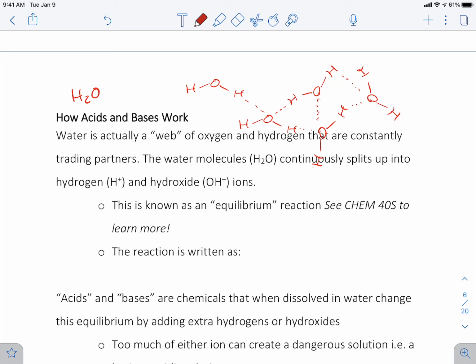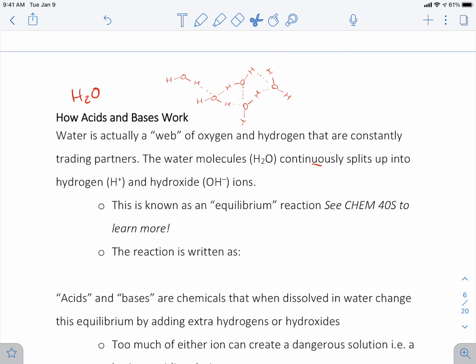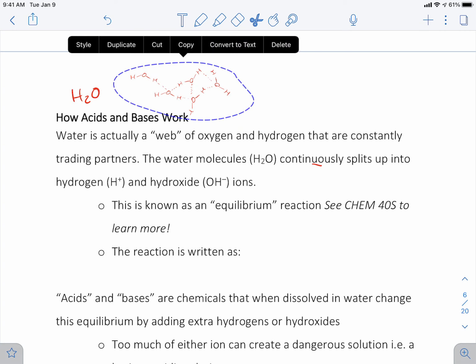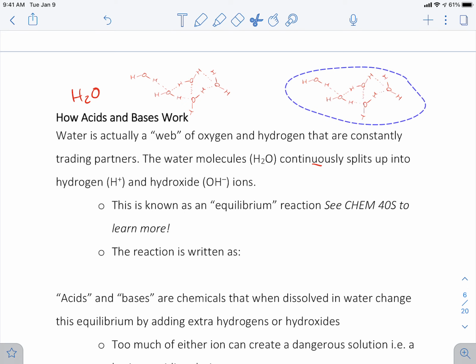Now, this is neutral water. Neutral water has all these water molecules just hanging around in a big old web. But when you introduce an acid or a base, what you're doing is adding an H plus in there.